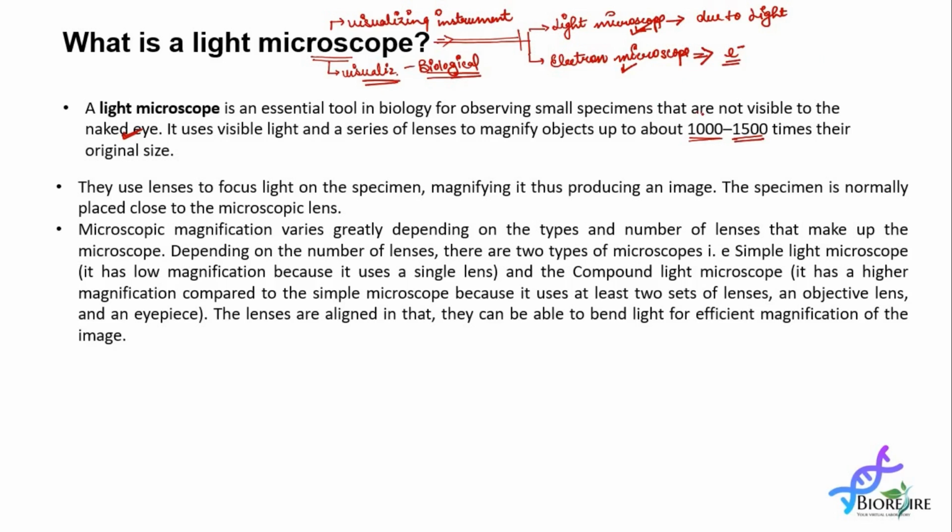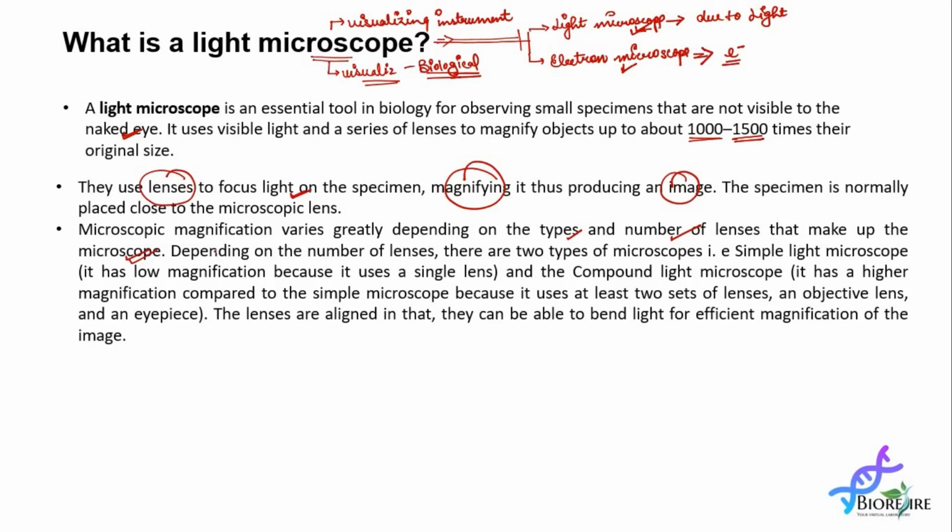In the light microscope technique, we use lenses. These lenses focus the light on a specimen, then magnify and produce the image. The magnification varies depending on the type and number of lenses that make up the microscope.